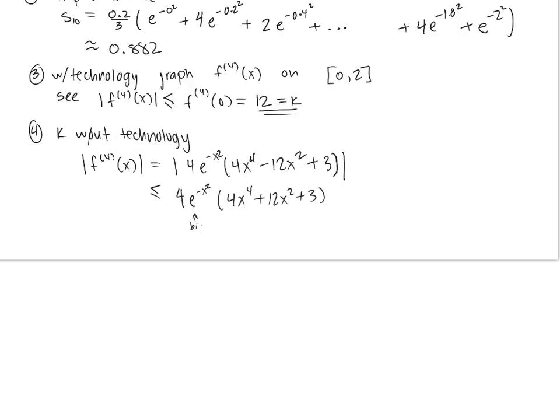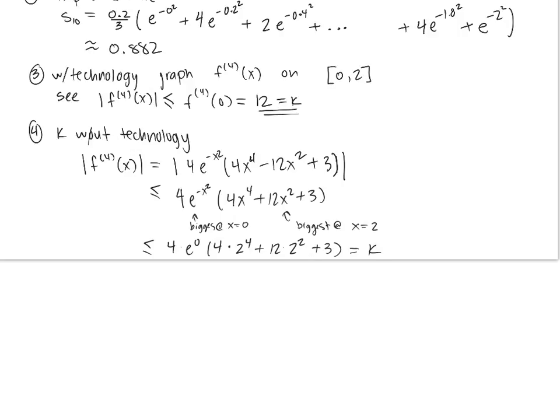And this thing will be biggest at x equals 0. Does that make sense? This thing is going to be biggest at 0 or 2 or in the middle. At 2. So just plug those numbers in. This is less than or equal to 4 times e to the 0, 4 times 2 to the fourth, plus 12 times 2 squared plus 3.